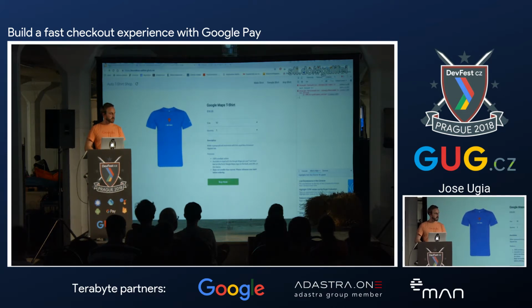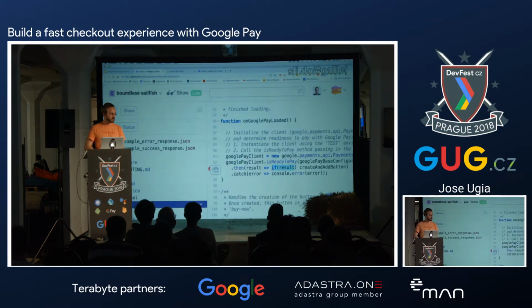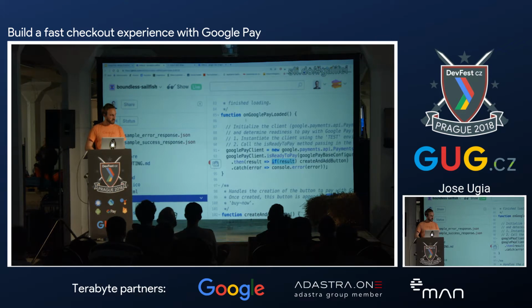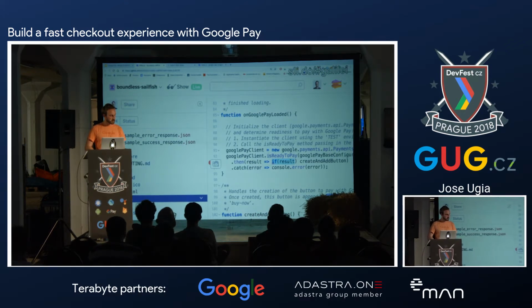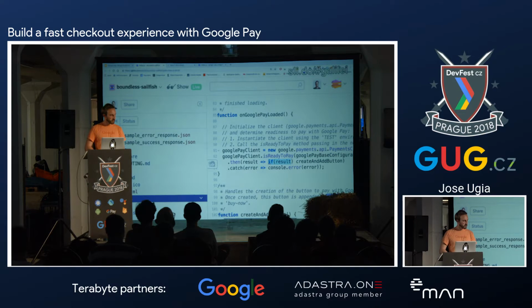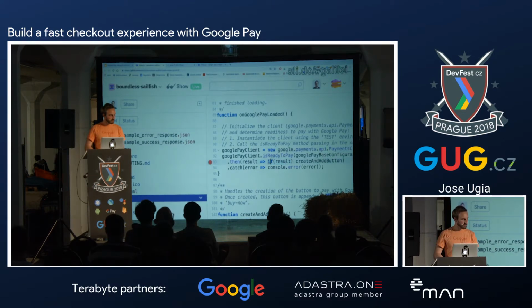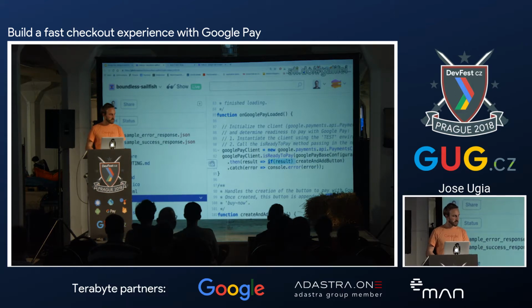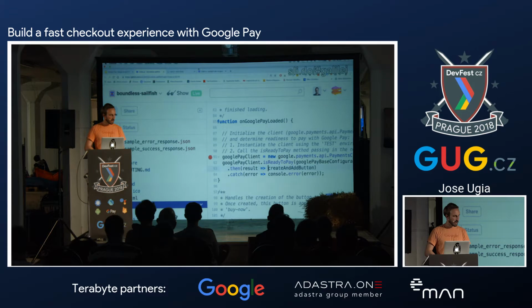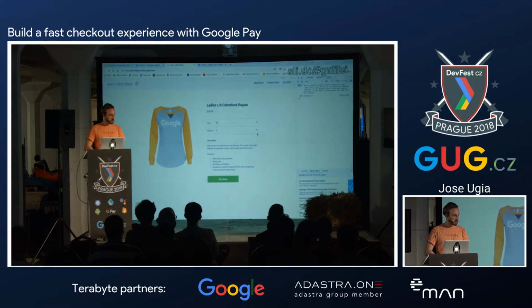Fantastic. Let's see. onGooglePayLoaded, it is defined. Are you able to pinpoint something else? Yeah, I would need a block for that. So for now, we're going to take that out just to make sure this is not the reason. There you go. Perfect. So no errors.